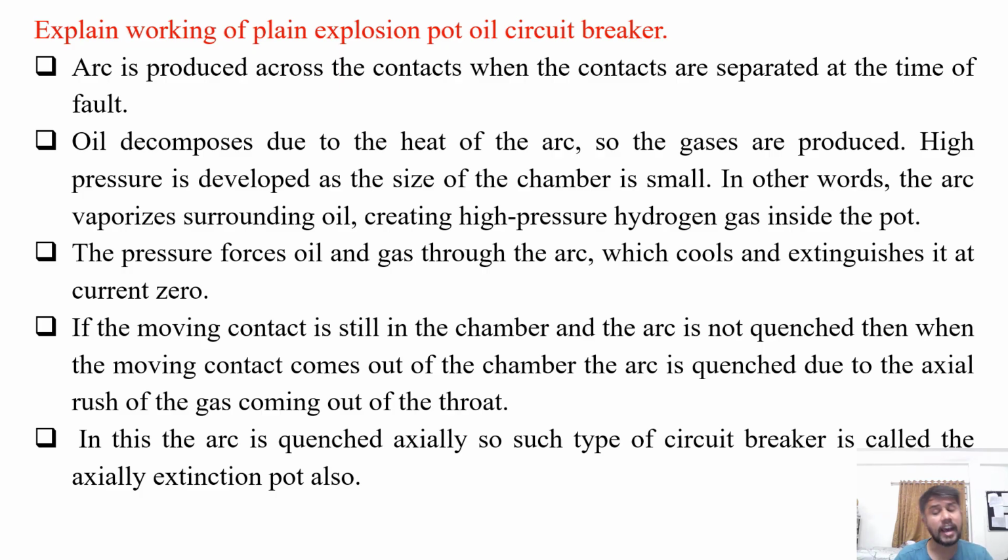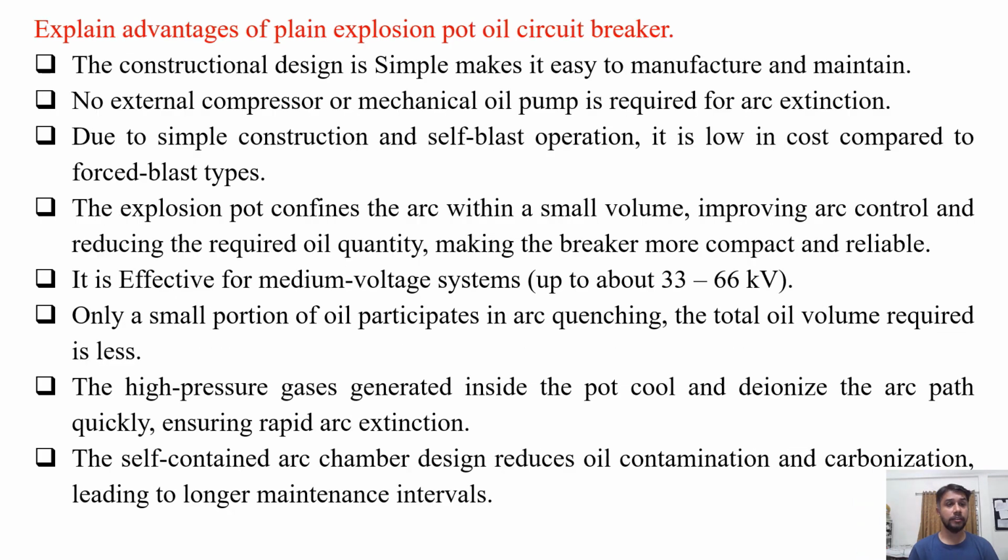In this, the arc is quenched axially. So such a type of oil circuit breaker is also called the axially extinction pot. So this is how the working of plain explosion pot oil circuit breaker can be explained.